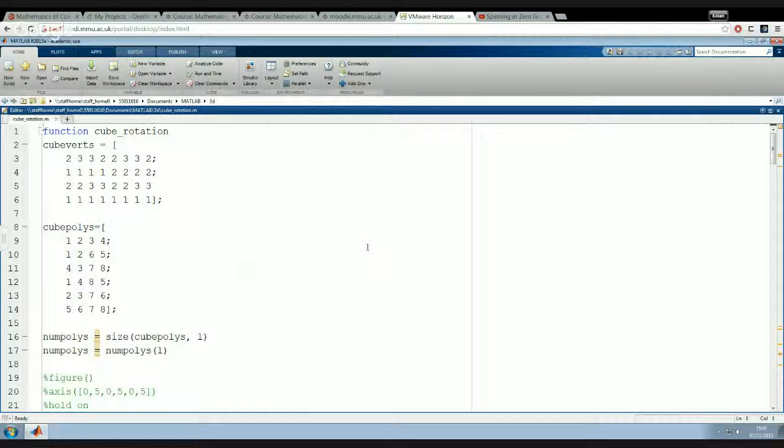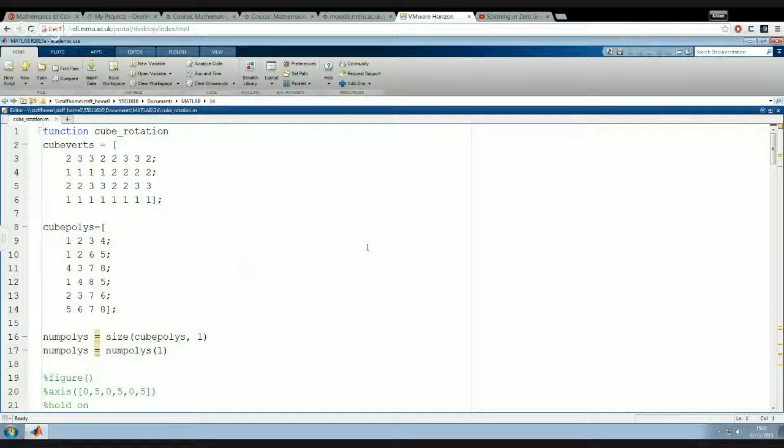So for example, the homogeneous coordinates of vertex 1. Remember, it has to have x, y, z, and a last homogeneous coordinate of 1.